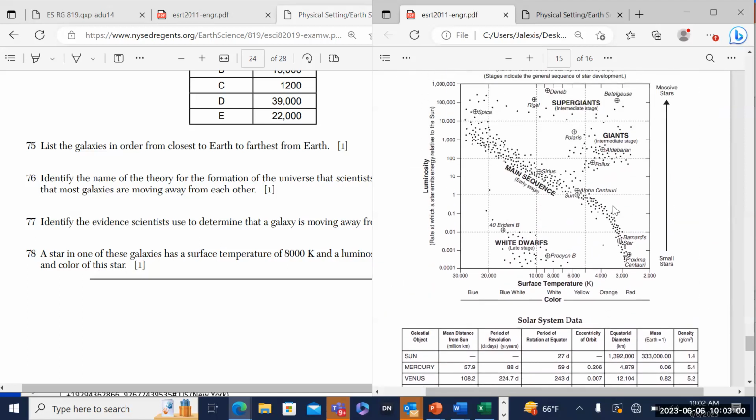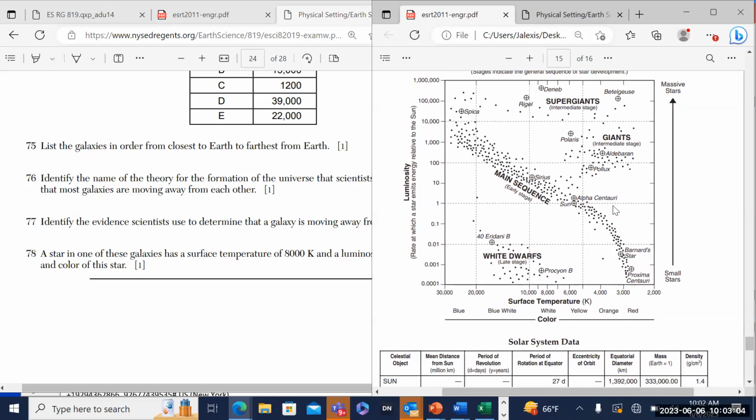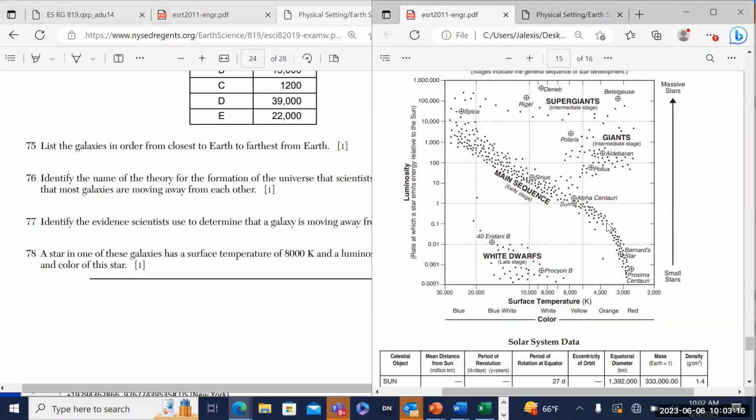So when you turn to page 15, right, and we want to know what a star in one of these galaxies has a surface temperature of 8,000 and a luminosity of 10, identify the stage. All of these that we see right here, supergiants, giants, main sequence, white dwarfs, these are all stages of stars. We need to know the correct stage and color.